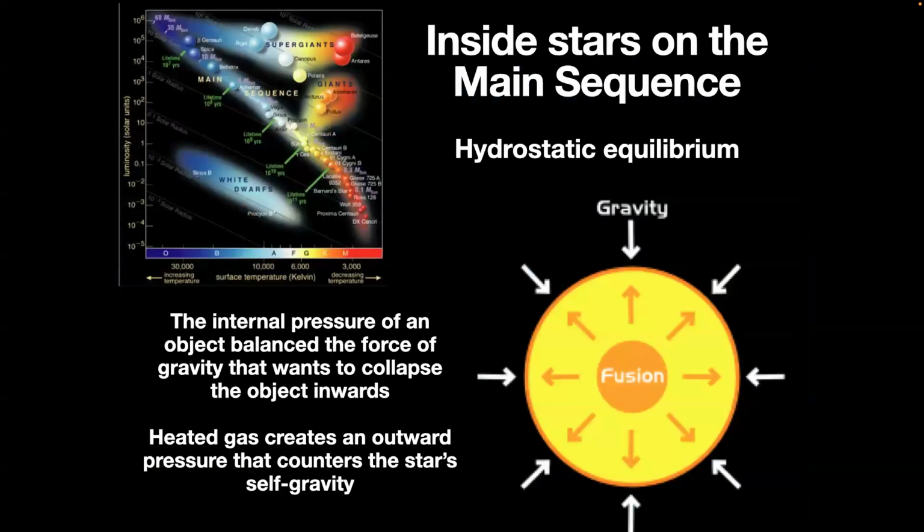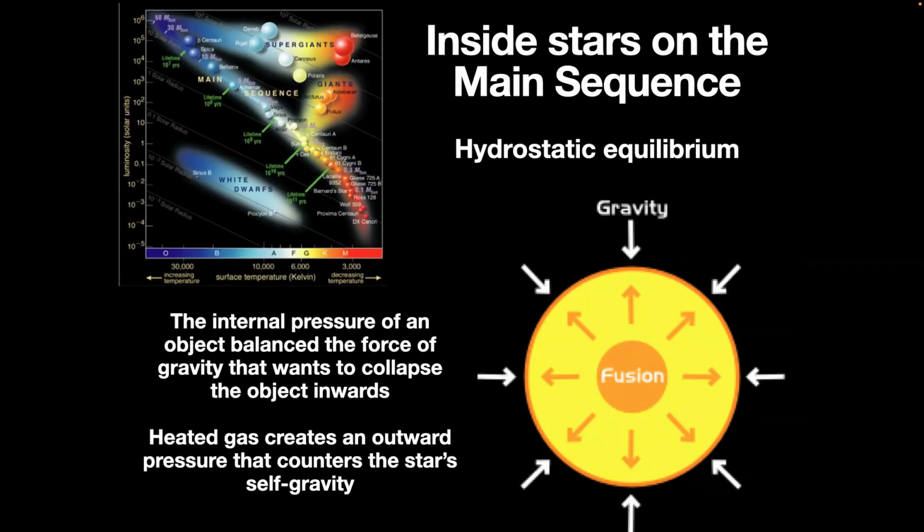But before we do that, let's remind ourselves what goes on in the interior of stars while they are on the main sequence, this diagonal line right here. We talked about this in some detail when we talked about the sun. Stars are big balls of plasma that are in hydrostatic equilibrium.